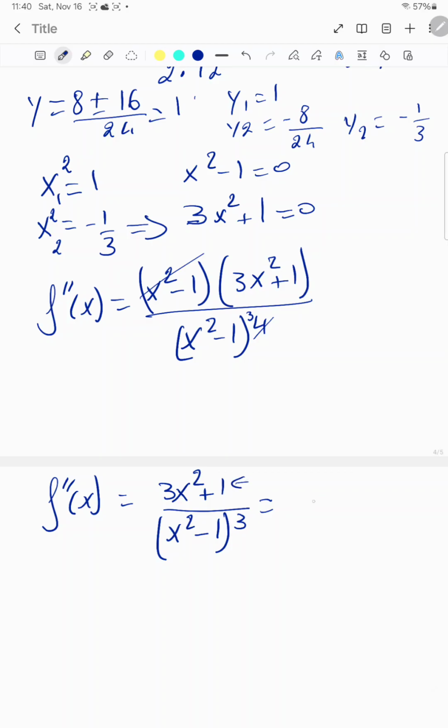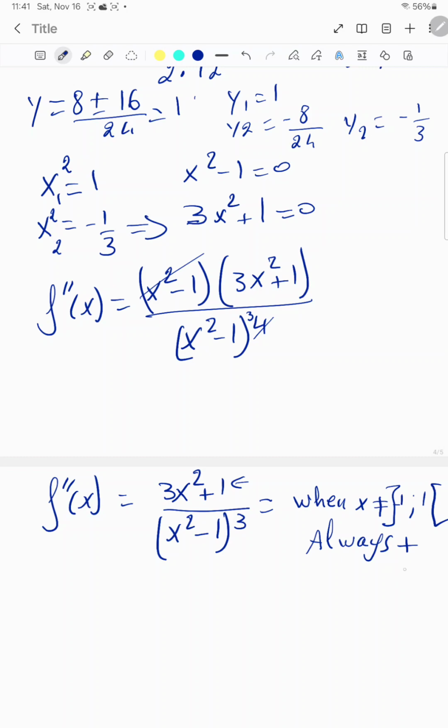So my function is always positive outside, when x is different than minus 1 and 1.